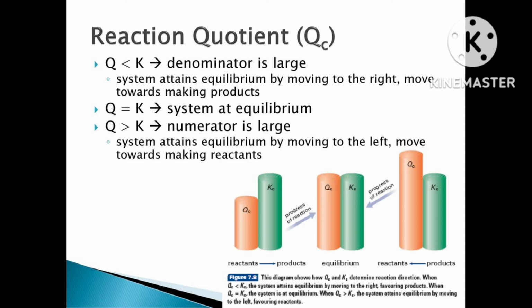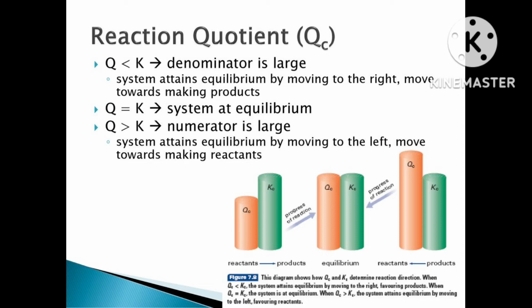Now just simply compare: Kc value is 2 into 10 to the power minus 3, and Qc value you got is 1. See, 1 is far greater than 10 to the power minus 3.